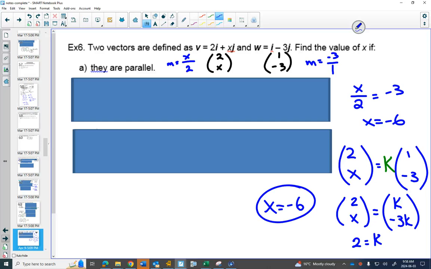So one of the things that you're going to find in vectors is there's going to be a bunch of different ways to tell if vectors are parallel or perpendicular. And so learning those techniques is going to be very helpful.